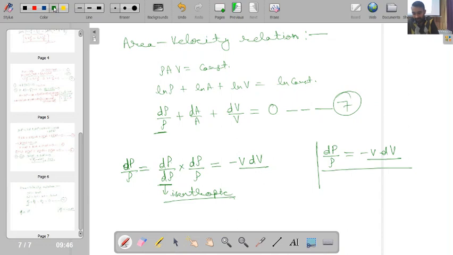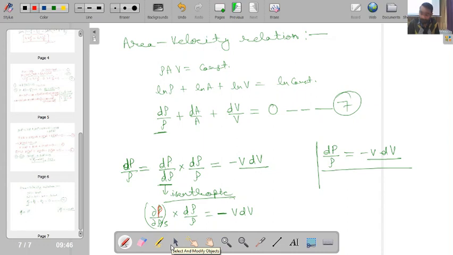So in place of dp by d rho, I can write del p by del rho at constant entropy, times d rho by rho, equal to minus v dv. Do you remember what del p by del rho at constant entropy is?